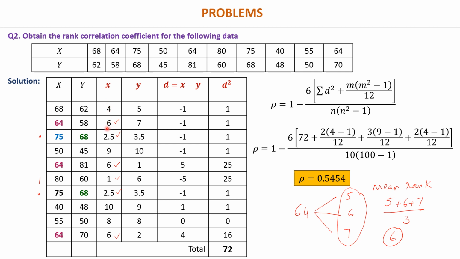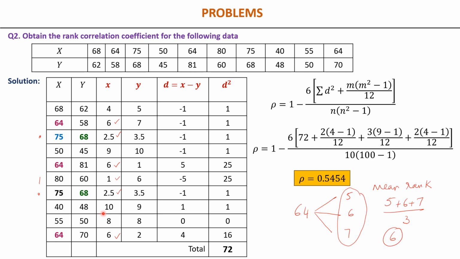Then we treat this to be the fifth rank, sixth rank, seventh rank. So we have completed seven ranks, but the rank awarded for all the three is 6. Now we move to the eighth rank, and that's 55. The ninth rank is 50, and the 10th rank is 40. Kindly note that we have 10 students, so naturally we have to award only 10 ranks, not less than that, not more than that.